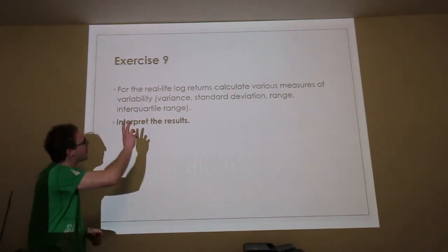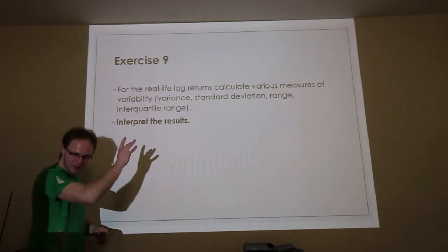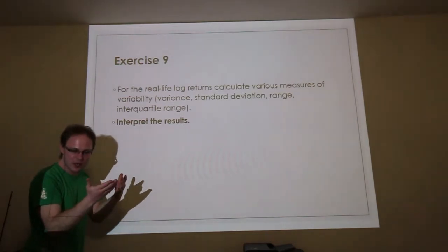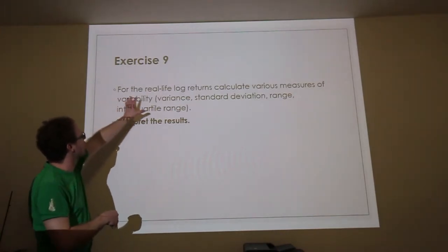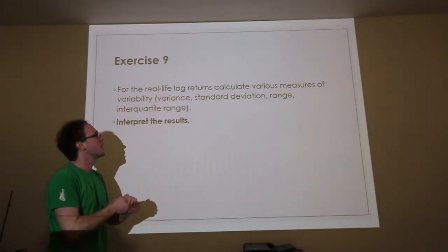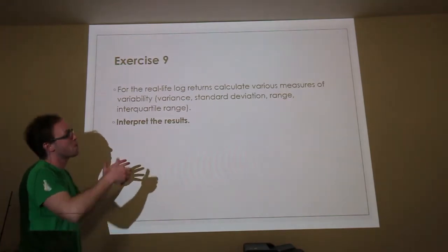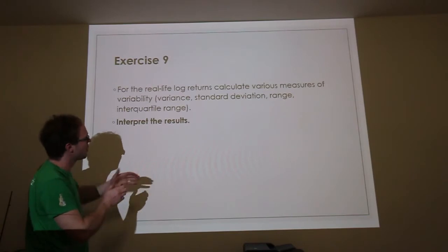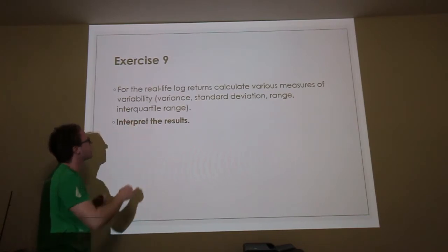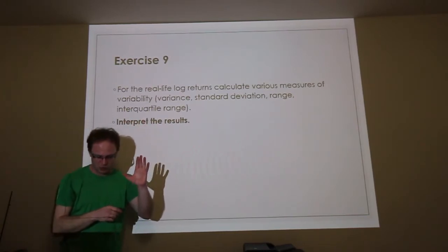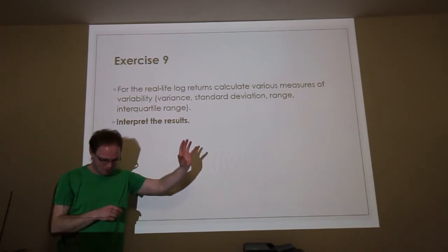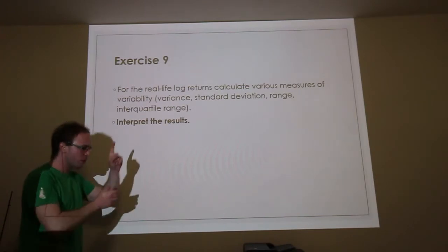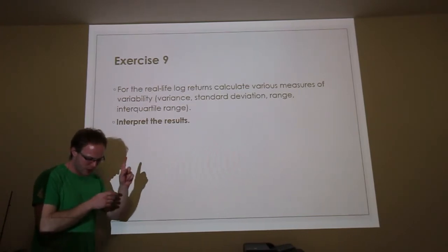And we will connect this exercise 9 with 8 for the real life log returns. Calculate various measures of variability: variance, standard deviation, range, interquartile range, and we will interpret the result. So the measures of central tendency and measures of variability will be calculated in EViews software.